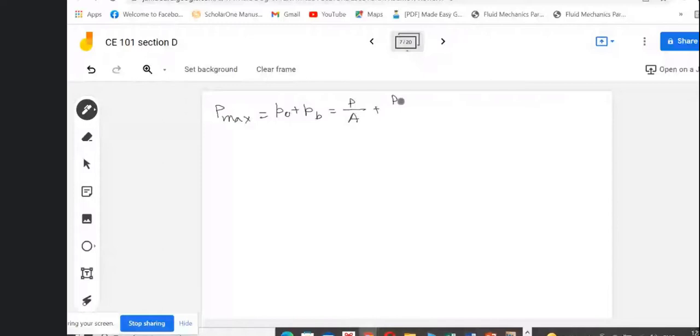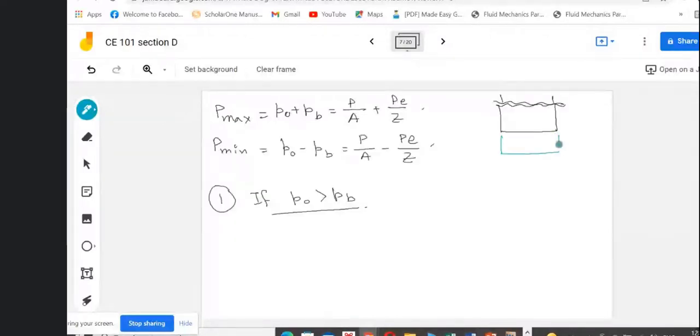So let us draw the bottom of the column. We are not drawing the entire column here. So we have done the section part, and here we are trying to draw the stress distribution. As this P naught is a uniform stress, it will be entirely uniform for the section.